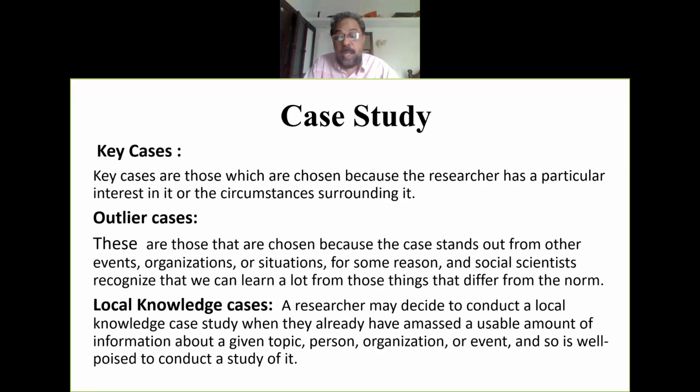Local knowledge case: he wants to conduct it because we already have some information about it, and we want to assess the information. This is regarding the local case.